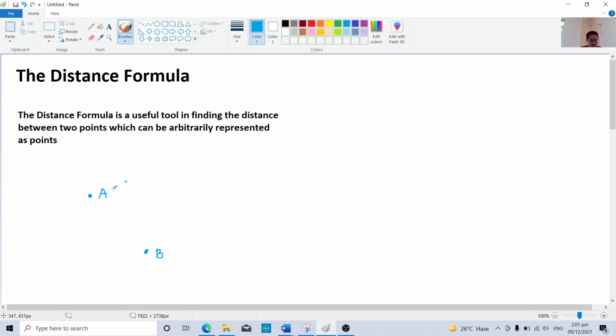Yung point A, pangalanan natin x sub 1, comma, y sub 1, parenthesis. And point B, meron din siyang coordinate or points. We have x sub 2 and y sub 2.